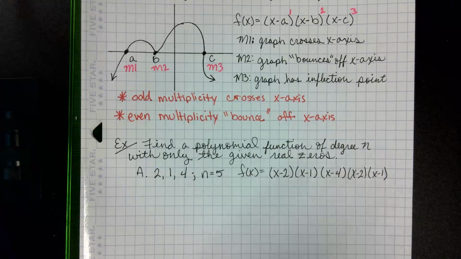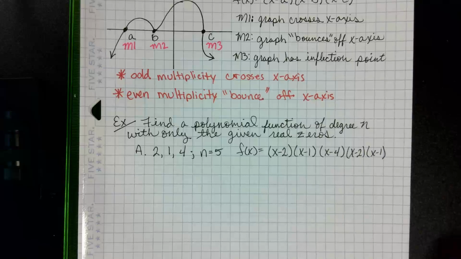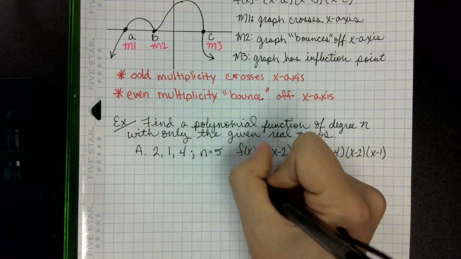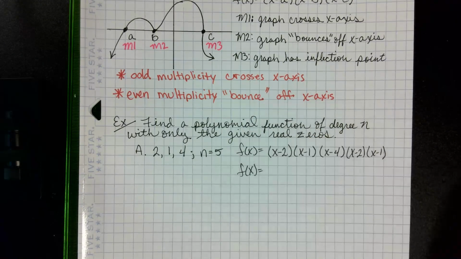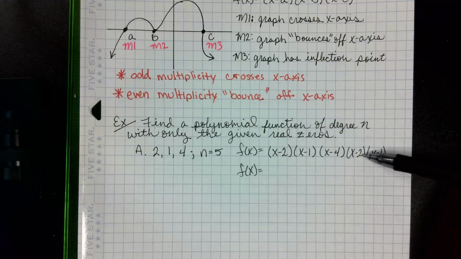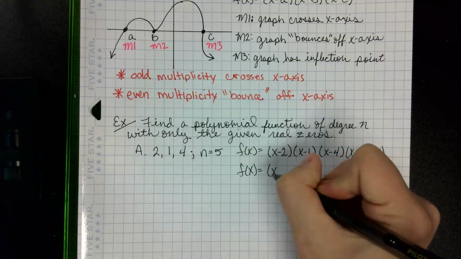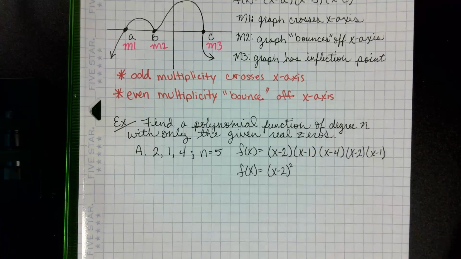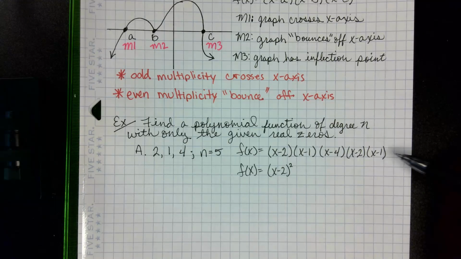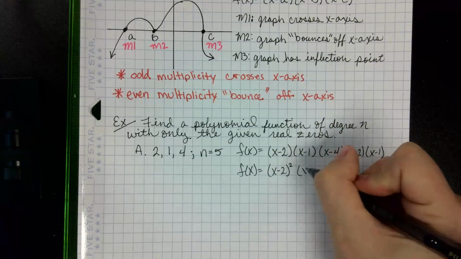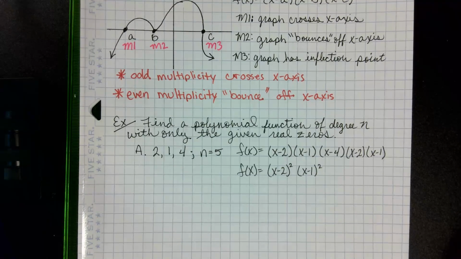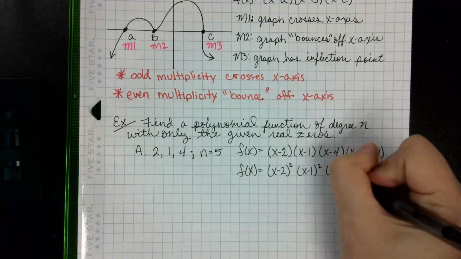Like, there's a lot of different ways you could do this. So then I wrote them all out, but I want to simplify it one time. I have x minus 2, x minus 2, so that means I have x minus 2 squared. I have x minus 1 and x minus 1, so that means x minus 1 squared. And then I have x minus 4.